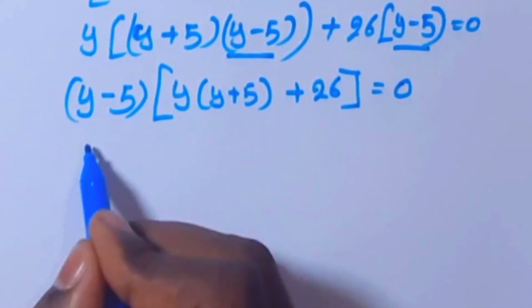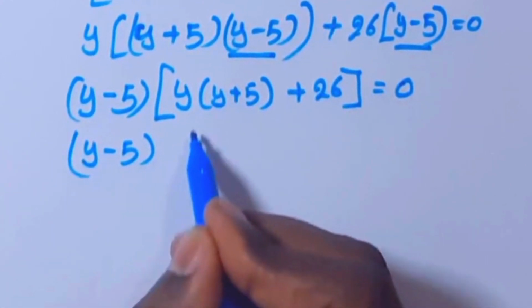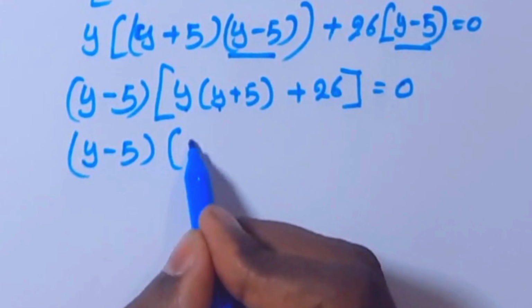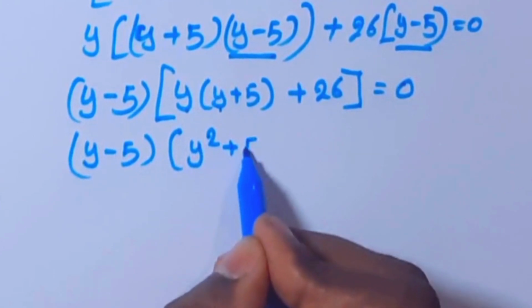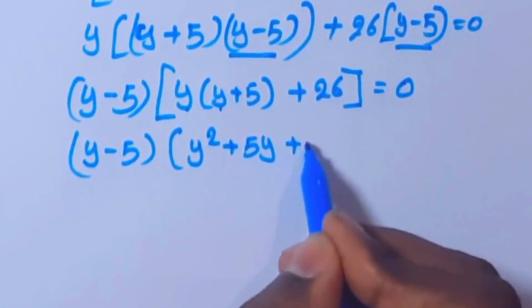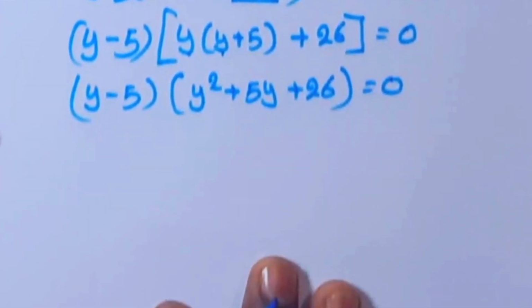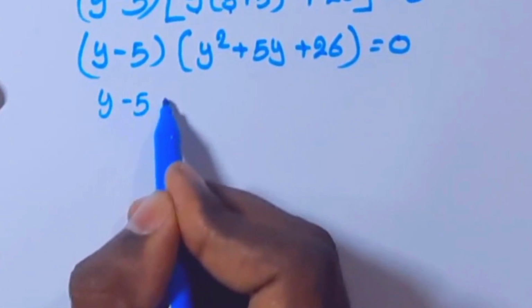Now in this bracket, y into y is y square plus 5y plus 26 equal to 0. Now y minus 5 equal to 0.